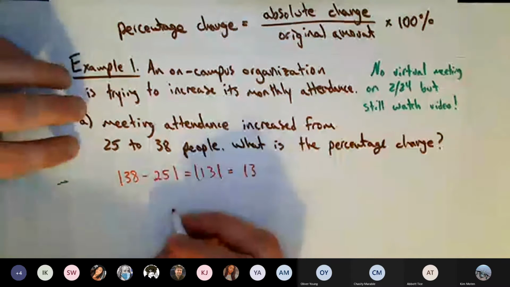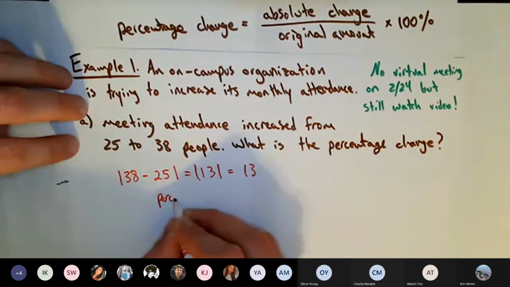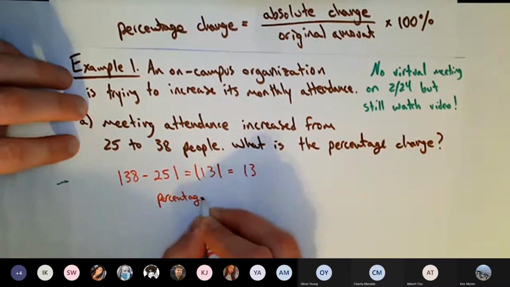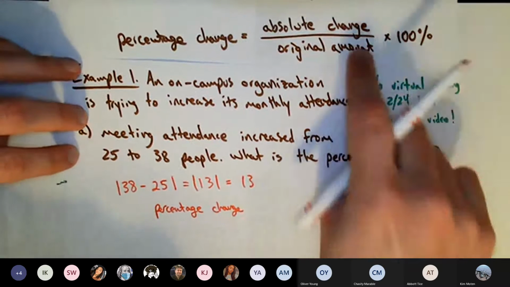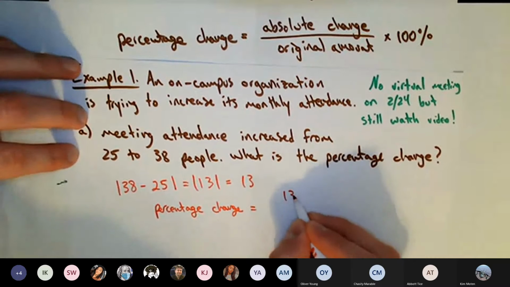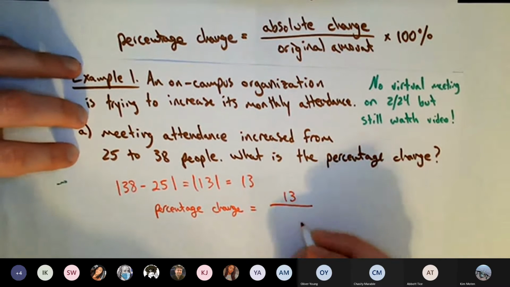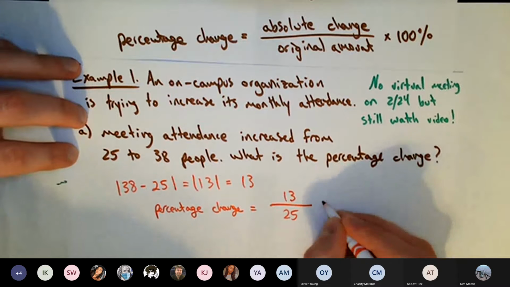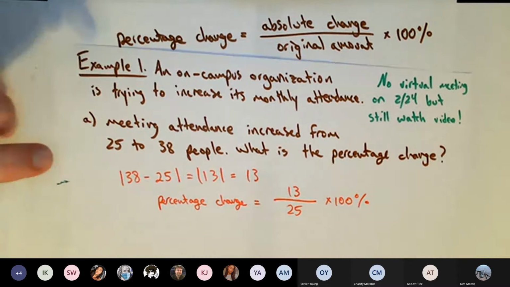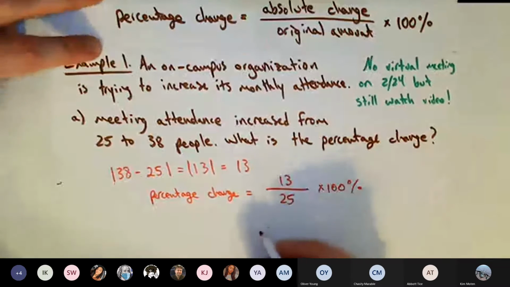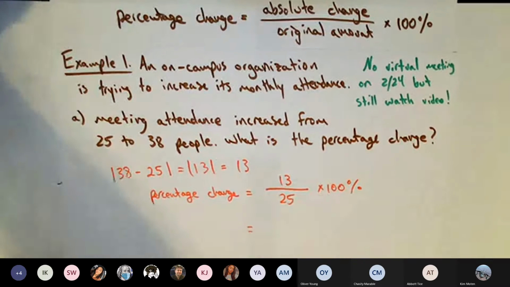Now my percentage change, following along with the formula, should be equal to the absolute change over the original amount times 100%. All we have to do is ask the calculator to compute that.